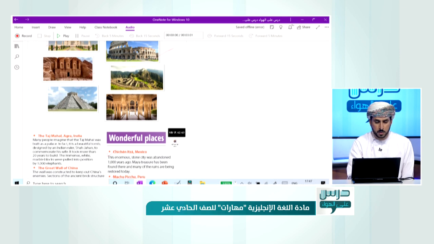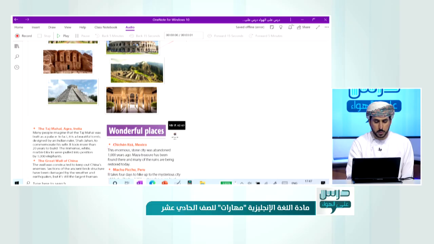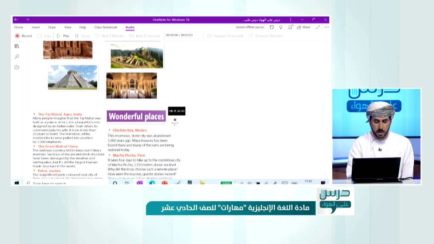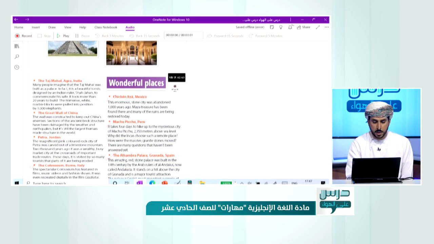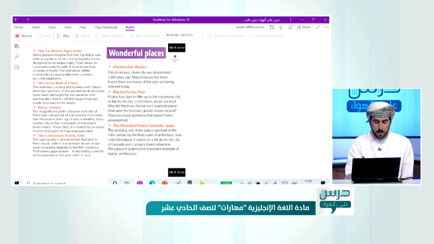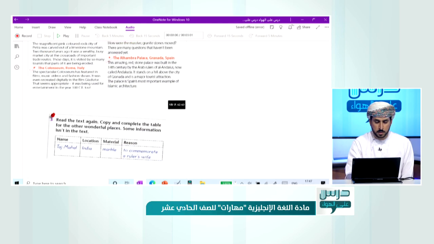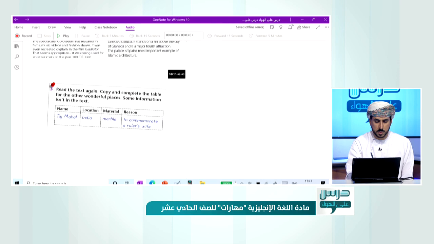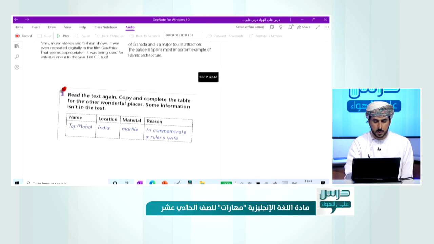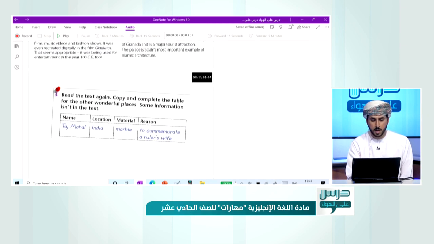And we have also Machu Picchu in Peru, and the last one here we have Alhambra Palace. Okay, now let's move to the question related to the text. Here we have question number 3, and you can see the question on page 62.